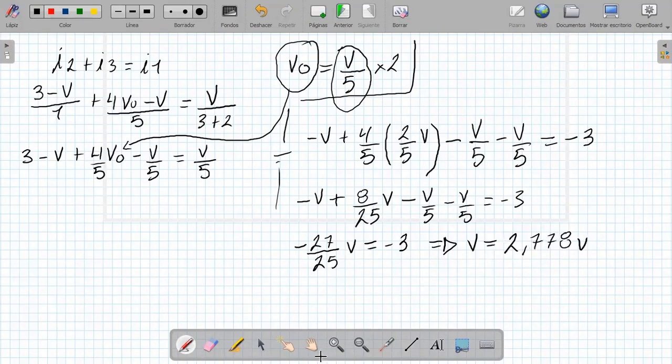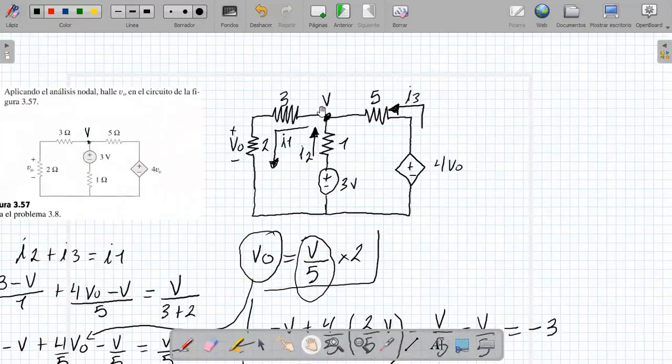Now, that is the voltage at this node, and they are asking us for the voltage at this other point. Well, that was the voltage division, where the voltage over the resistance in this branch gives me the current, and that current multiplied by the resistance gives me the voltage.